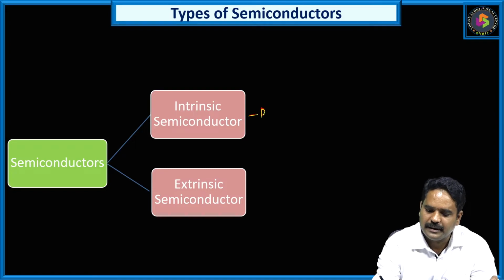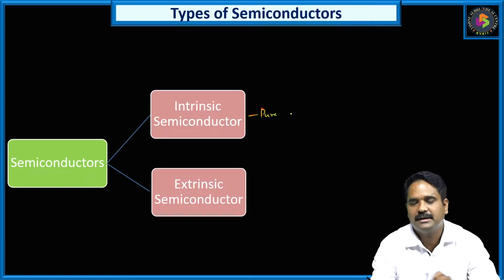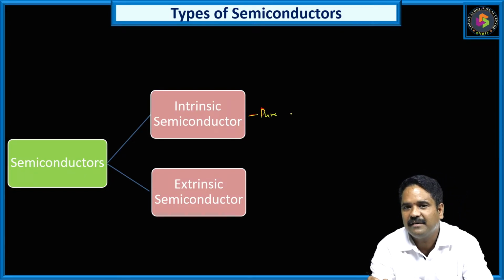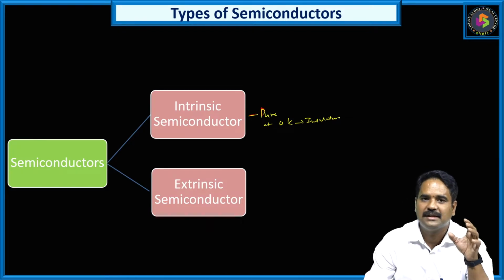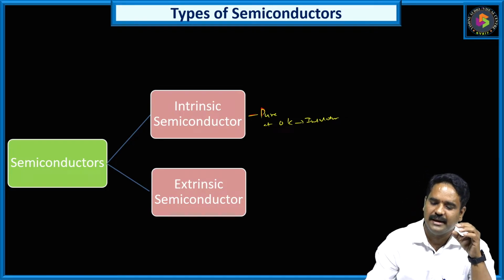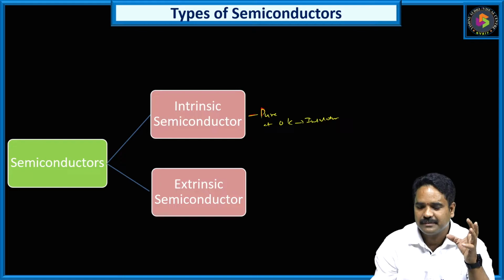An intrinsic semiconductor is a pure semiconductor which does not have any kind of impurities. At 0 Kelvin, it behaves like an insulator. At higher temperature, it behaves like a conductor.